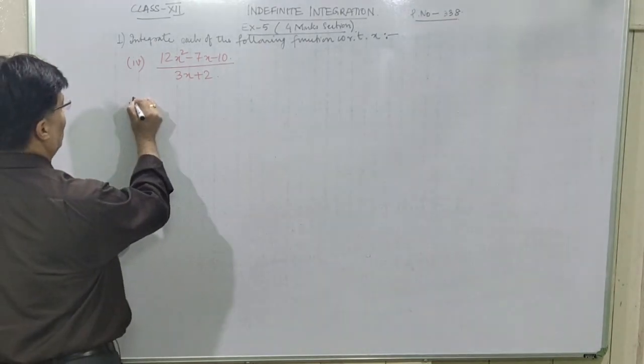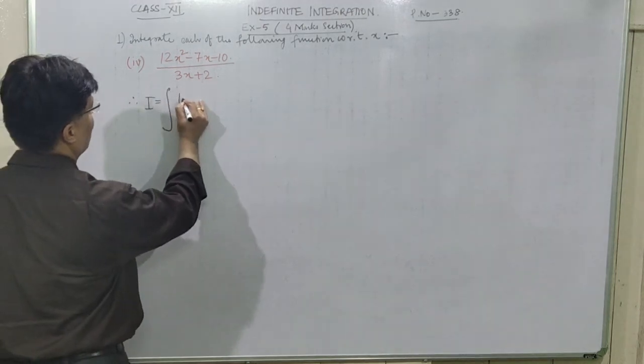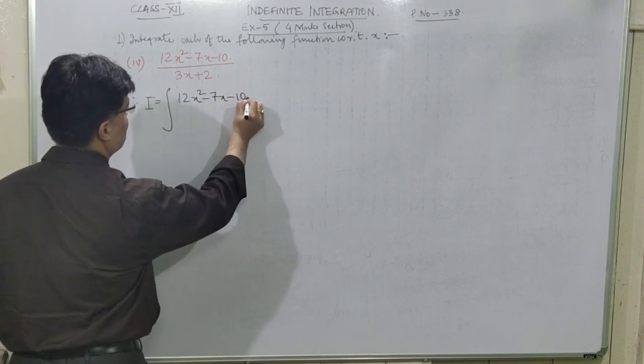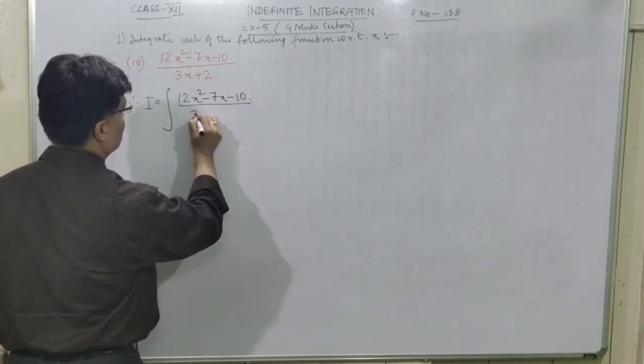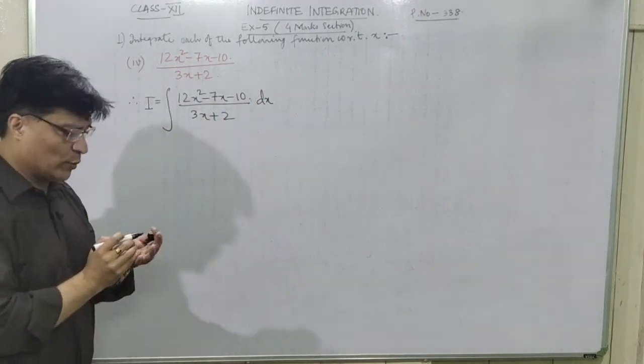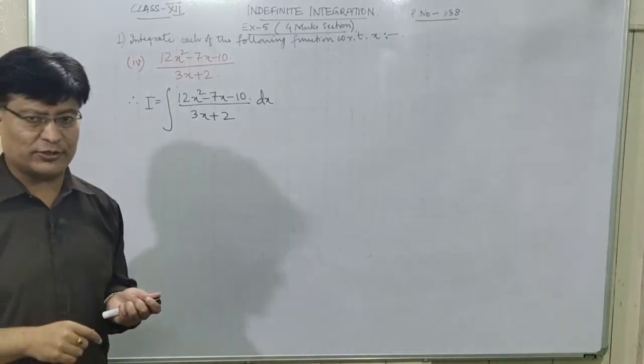So therefore capital I is equal to integration of, it is given as, 12x square minus 7x minus 10 divided by 3x plus 2, then you can write here dx. That is, with respect to x we are integrating this given function of x.